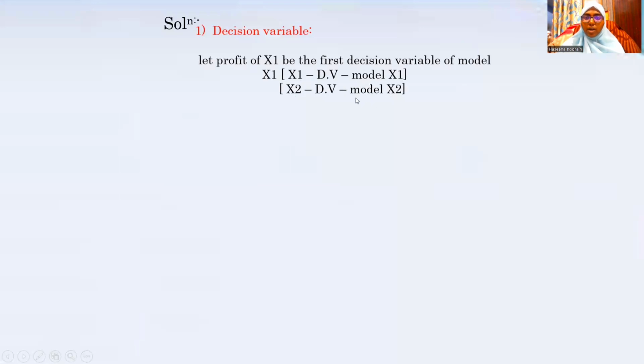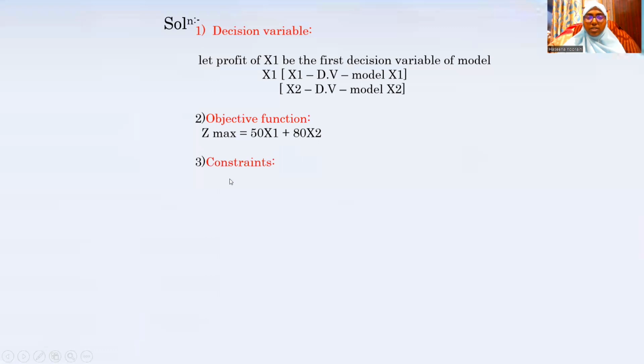The model X1 and model X2 are our x1 and x2, which are our decision variables. The next one is the objective function. As we saw in the sales price, it is a Z maximization problem of profit. So we will take the sales price as the objective function, that is 50x1 plus 80x2.